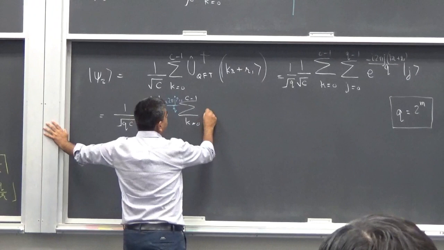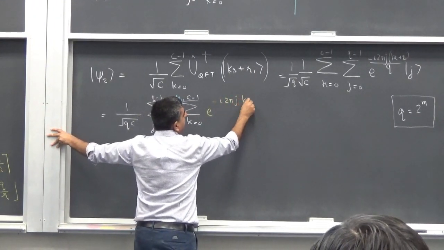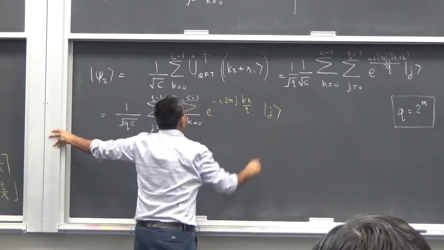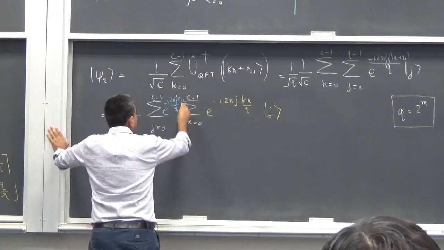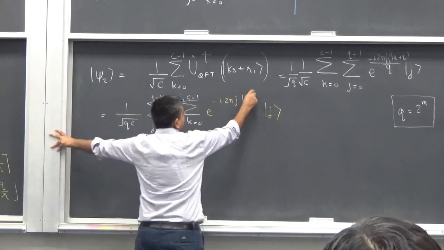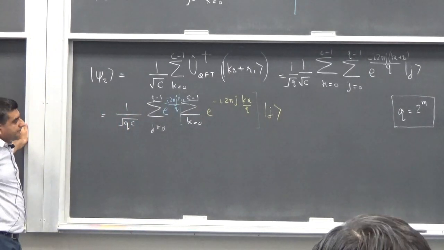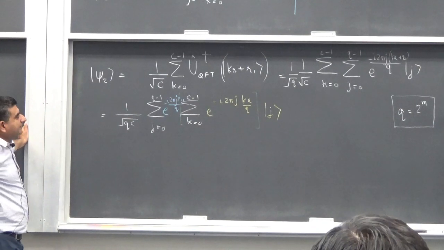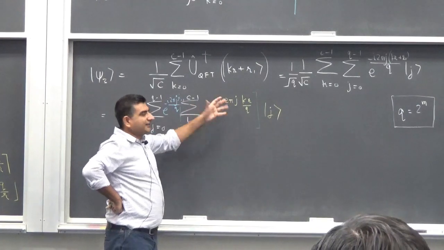Here I am left with e^(-i 2 pi j k r / q) ket j. Now let's look at this term over here. Can we find the answer of the summation?